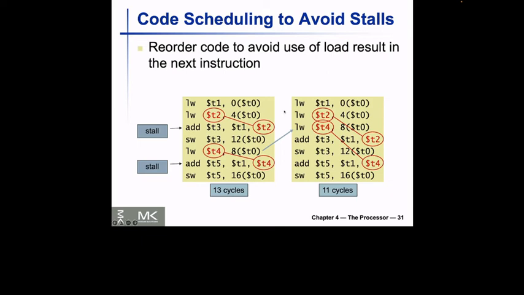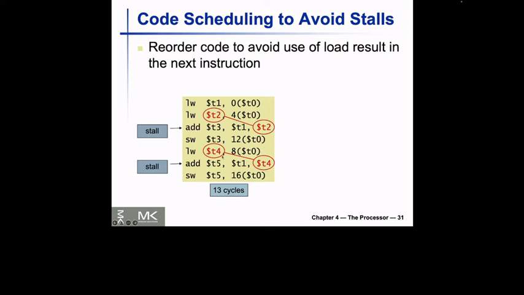Okay. So without the code rescheduling, after 5 clock cycles, we will finish the first instruction, right? And after 6 clock cycles, we will finish the second instruction. But the third one is finished 2 cycles later because we need to wait for 1 extra clock cycle.